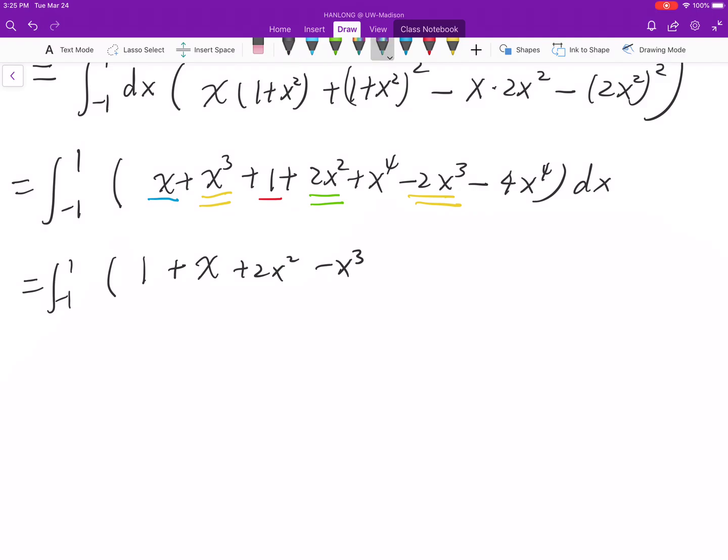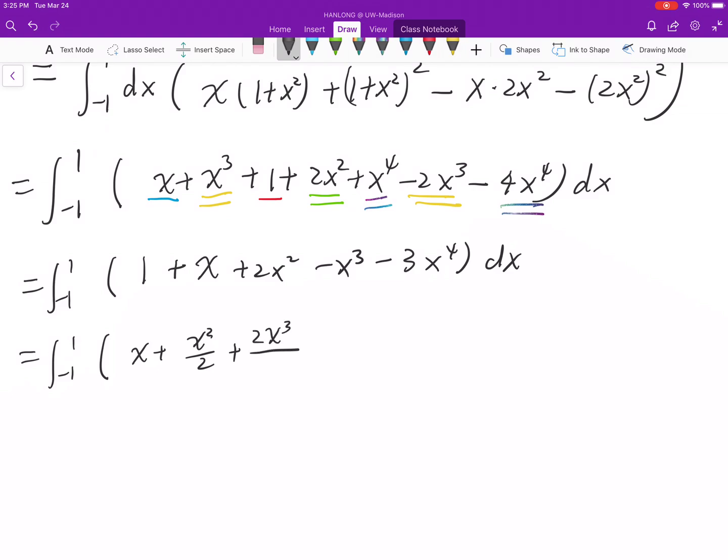And lastly, you have the fourth term, you have minus 3x to the fourth dx. Okay, then you use power rule one by one. Here you have x squared over 2 plus 2x cubed over 3 minus x to the fourth over 4 minus 3x to the fifth over 5. Okay.